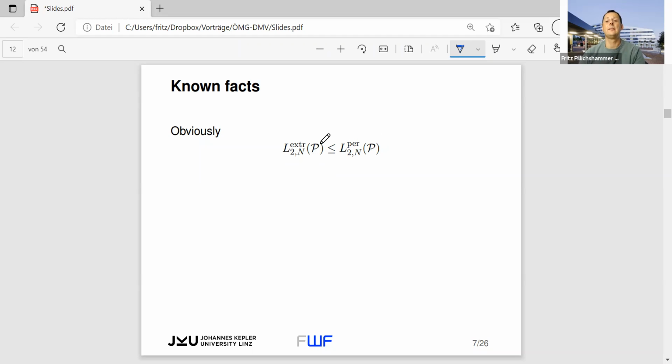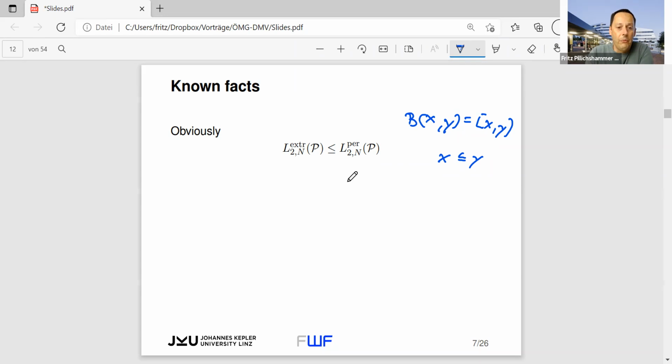This can be easily seen directly from the definition of the two discrepancies, since every periodic box p(x,y) is just a usual box (x,y) when x is less or equal to y. So from this, it's directly clear that we have this relation.